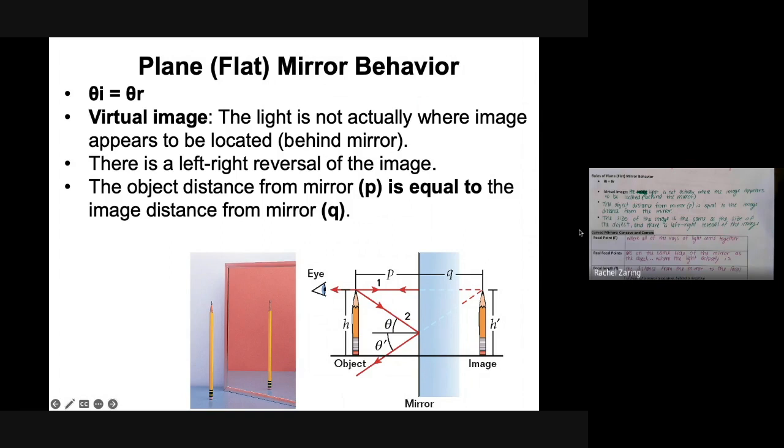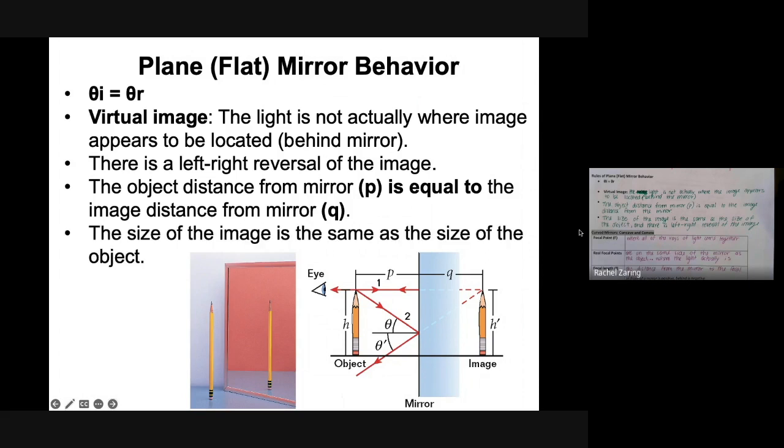What we call Q is the distance from the image to the mirror. There is a mathematical value that determines that P as a distance is always equal to Q's distance.